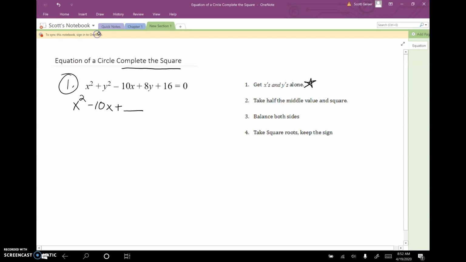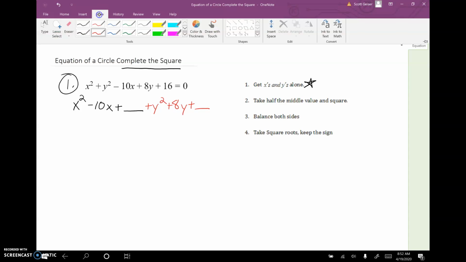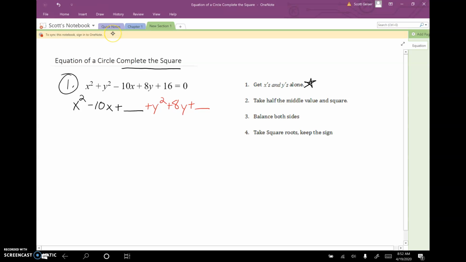And then I'm going to take my y's, y squared plus 8y plus something. And then, since I'm going to have those on the left side, I'm going to take the number that doesn't have an x or a y and send it to the other side. So if it's a plus 16, I'm going to subtract 16 on both sides. So that'd be a negative 16.